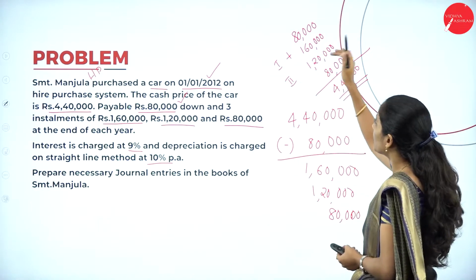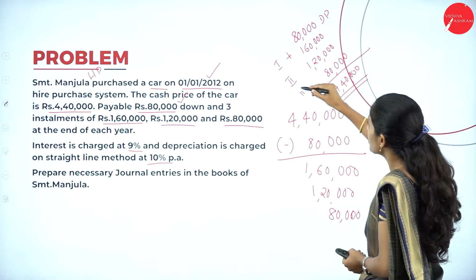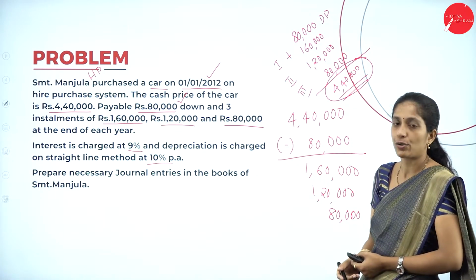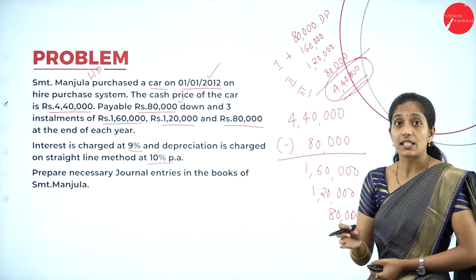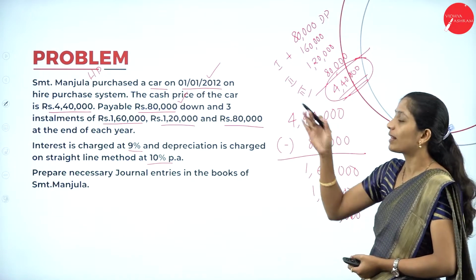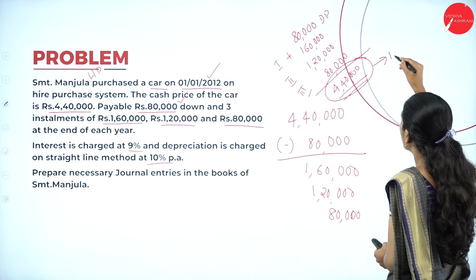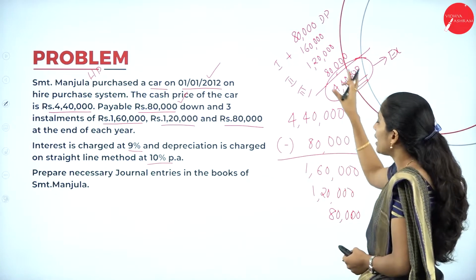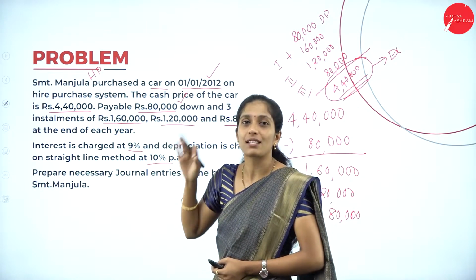Now if you add the down payment and the first, second and third installments, you will get total of 4,40,000. It means what? It is exclusive of interest. If it is inclusive of interest, it should be more than 4,40,000. Then what it is? It is exclusive of interest.